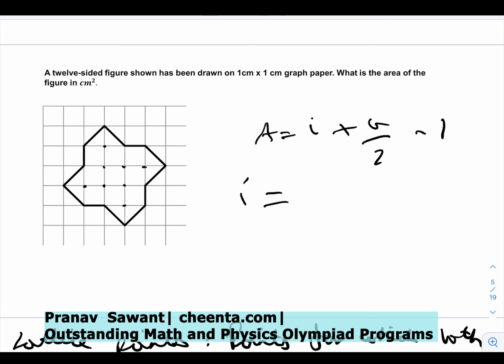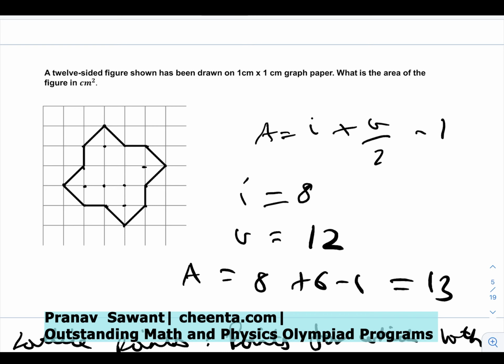So I would be 8. Let me find out the value of B, the number of lattice points on the boundary. This is 1, 2, 3, 4, 5, 6, 7, 8, 9, 10, 11, and 12. So your B is 12. And now if you compute this, that would be 8 plus 12 divided by 2 minus 1, that is nothing but 13.